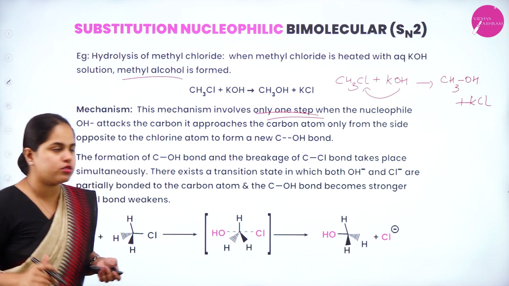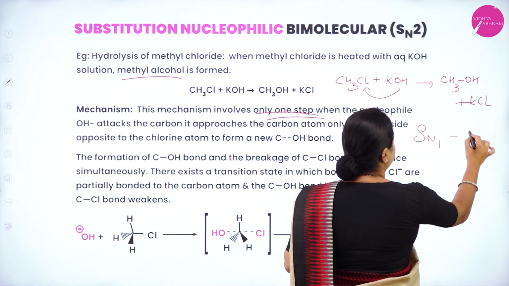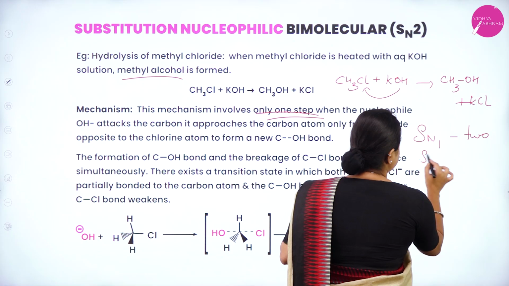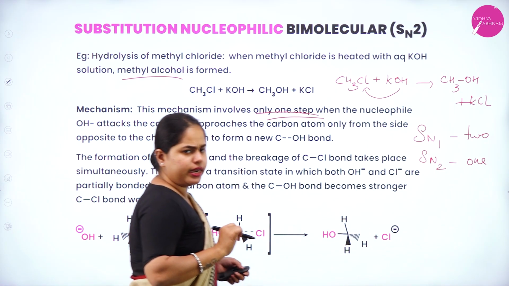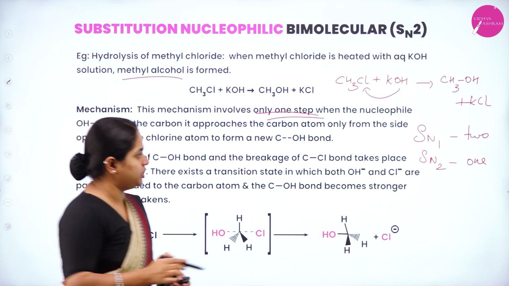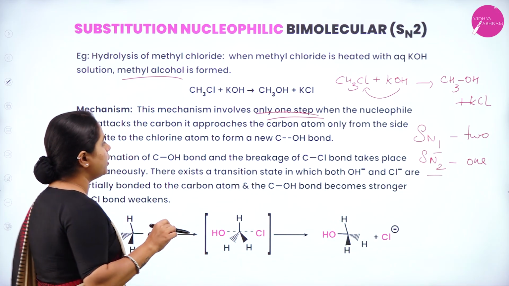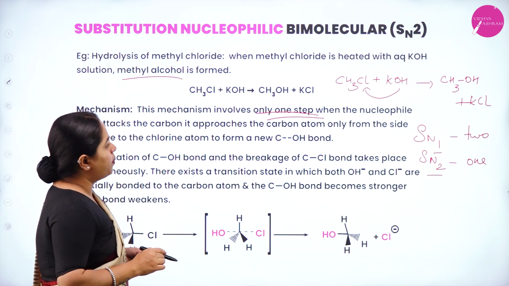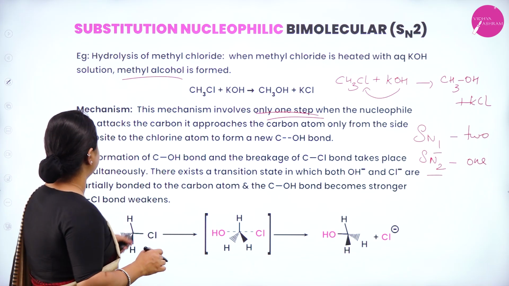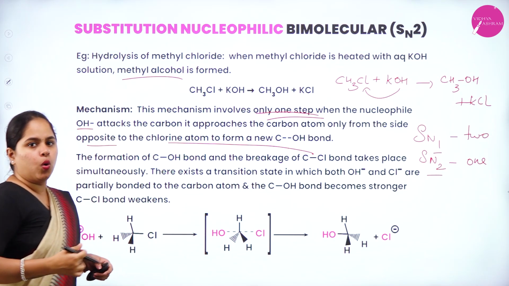Please don't get confused. SN1 reactions take place in two steps. SN2 reactions take place in one step. Clear? That 1 and 2 which is mentioned here stands for unimolecular and bimolecular. Okay. When the nucleophile OH minus attacks the carbon, it approaches the carbon atom only from the side opposite to the chlorine atom to form a new C-OH bond.